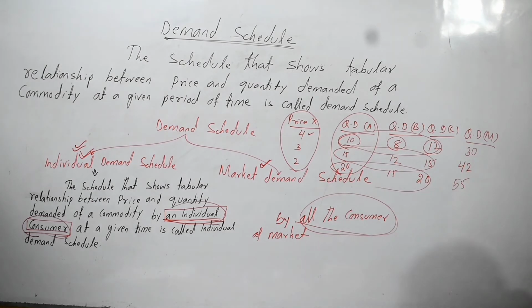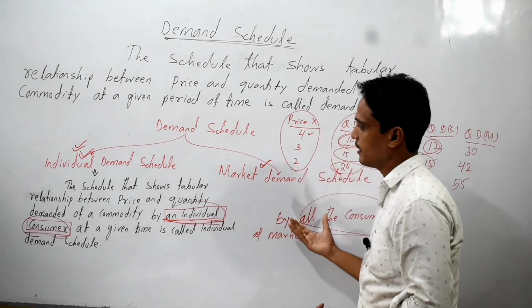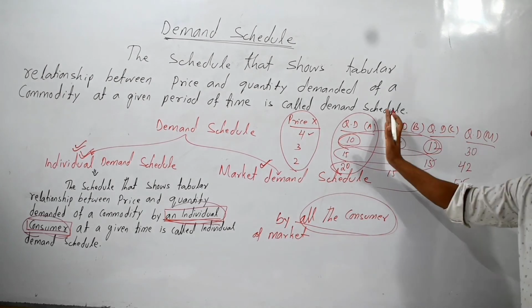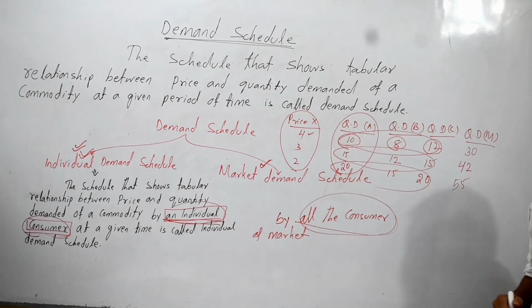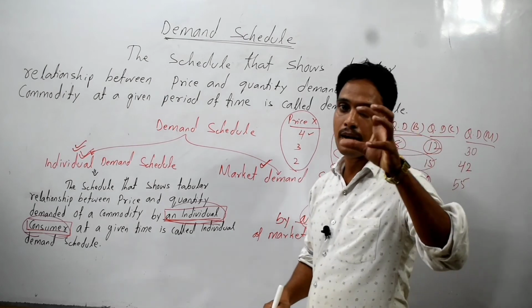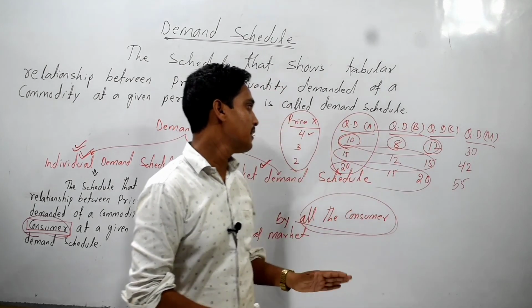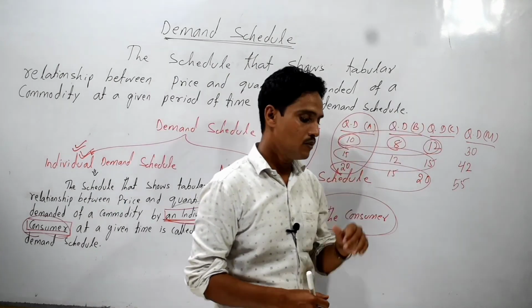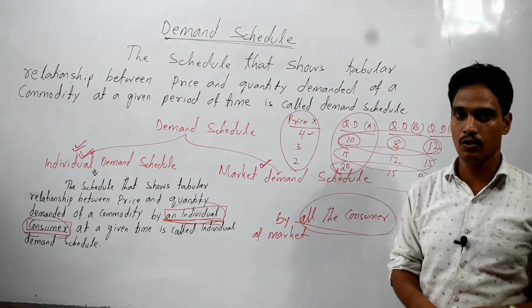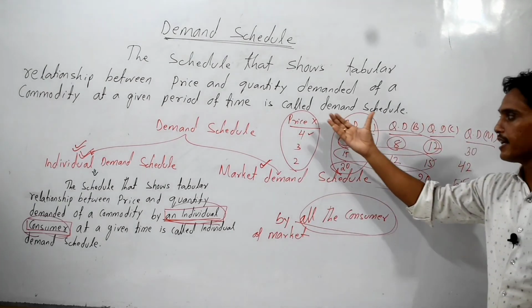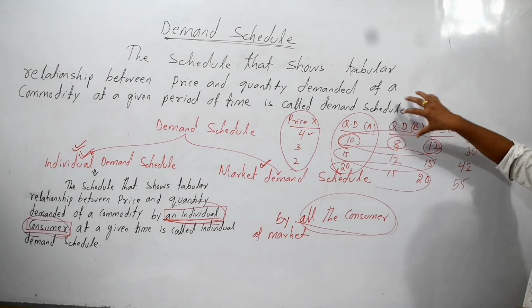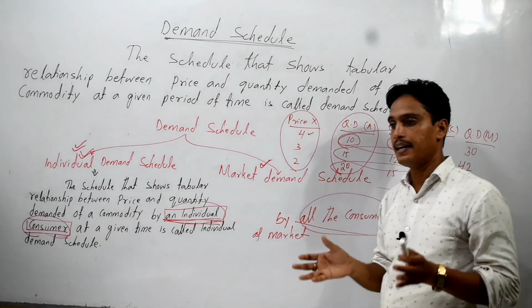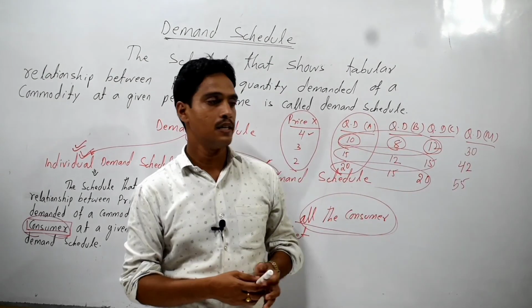that is 55 units. So the only difference between individual demand schedule and market demand schedule is that the individual demand schedule shows the relationship between price and quantity demanded by a particular consumer, whereas the market demand schedule shows the relationship between the price of a commodity and the quantity demanded by all the consumers in the market.